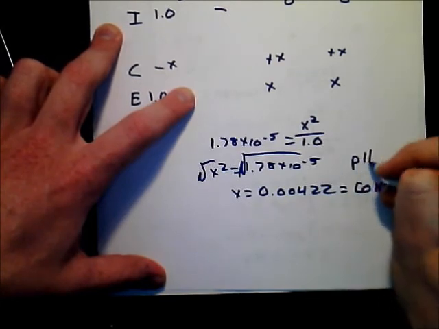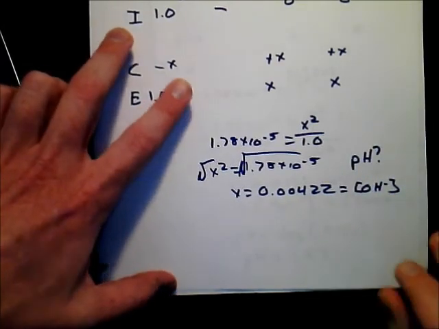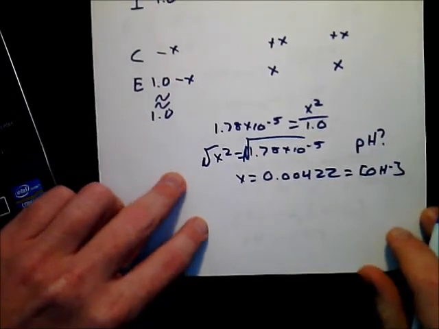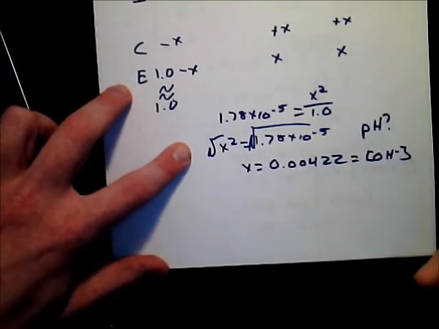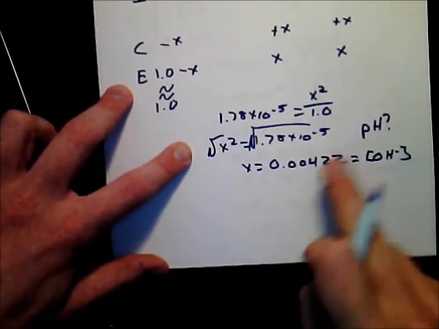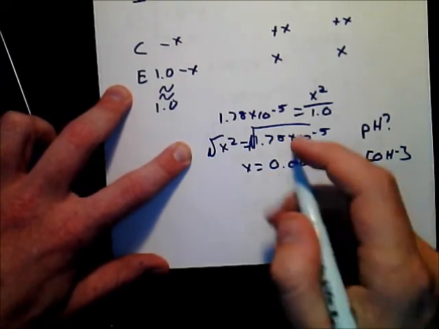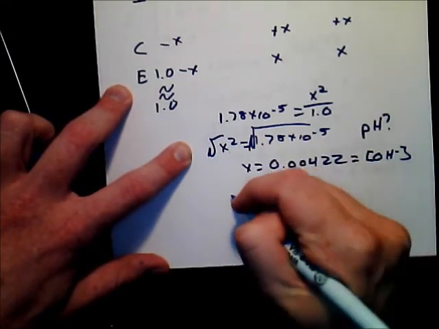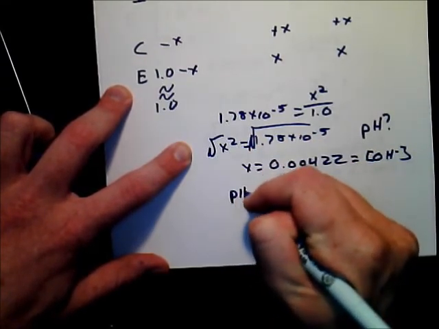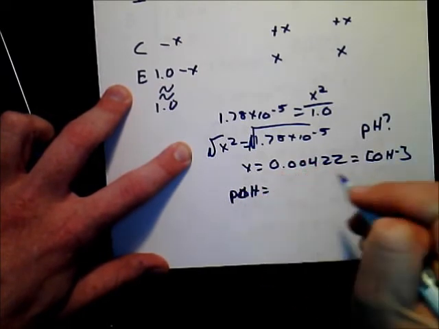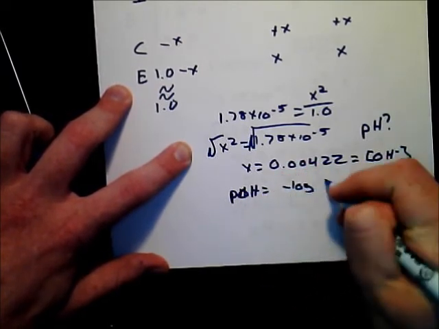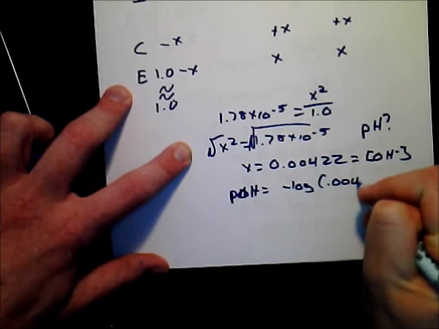Remember, we want the pH here. There are a couple of ways we could do it, but what if we found the pOH? Because we don't know the hydrogen ion concentration, but we do know the hydroxide ion concentration. So let's find the pOH instead, which is going to be the negative log of 0.00422.